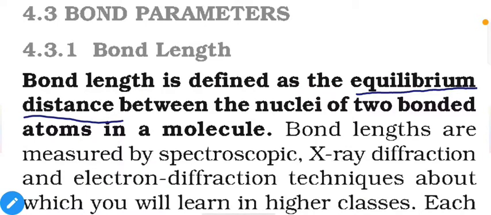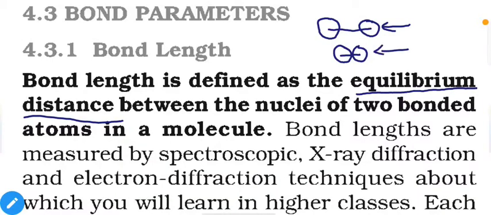Suppose for hydrogen, in the first situation they are stretched and move away from each other like this, and then the bond contracts and the distance decreases like this. So this is the maximum and this is the minimum. We have two different lengths, and continuous shaking means stretching and releasing.